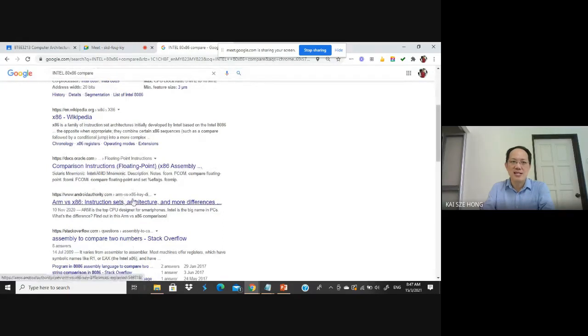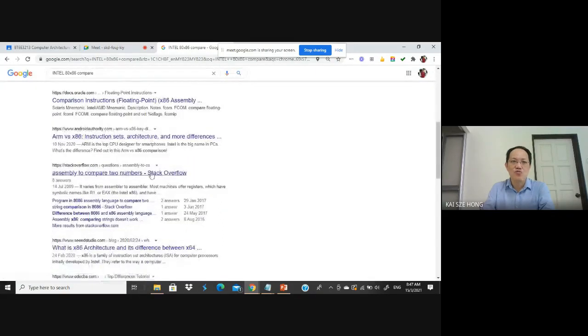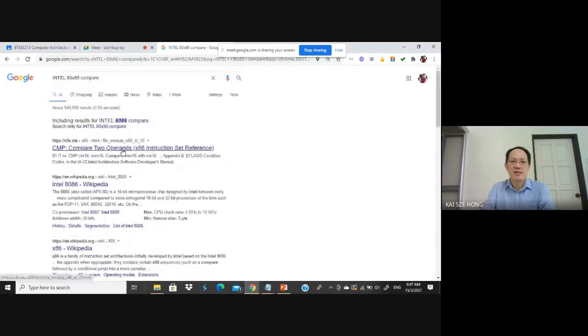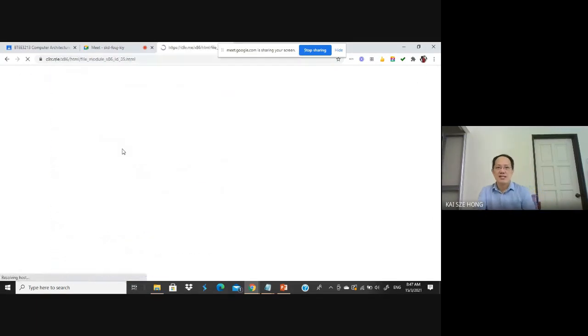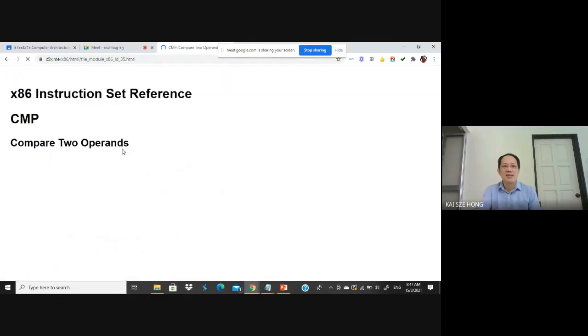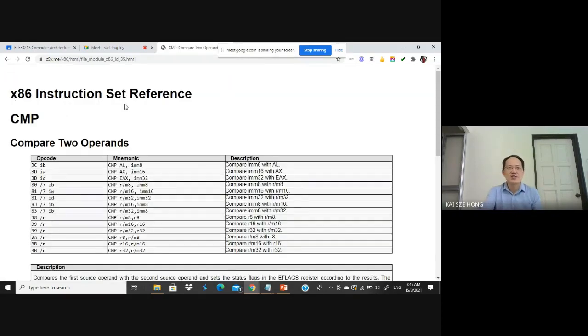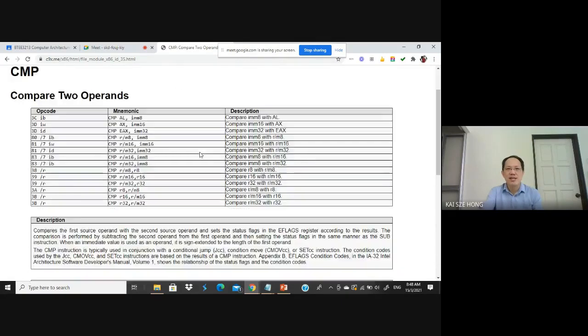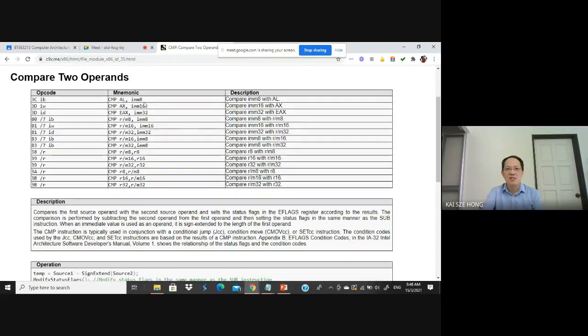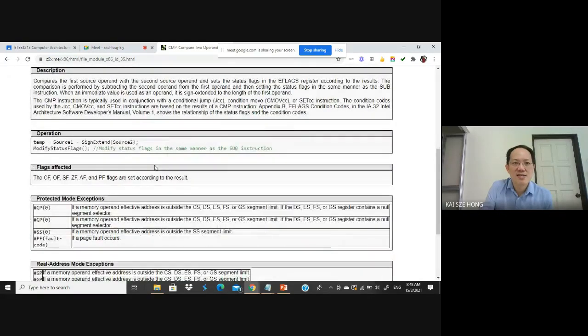Let's see compare two numbers. This is the x86 instruction set reference. Compare AL with this one. Compare register.